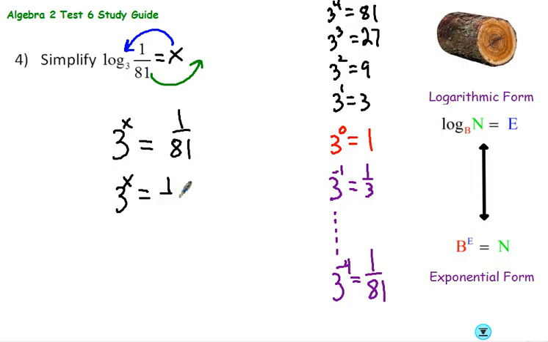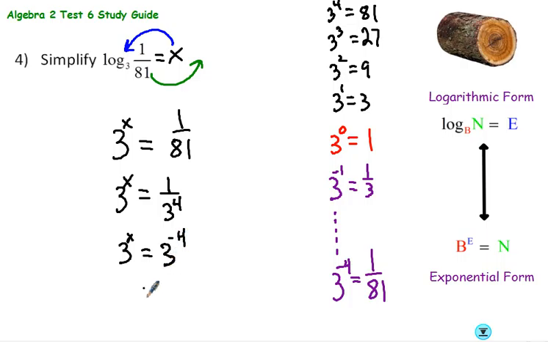But what I can do here is rewrite this as 1 over 3 to the positive 4. Then we said turn the fraction upside down when we turned a negative exponent into a fraction. Well, we can go the opposite direction, meaning I can take that positive exponent and put it back into a negative exponent.